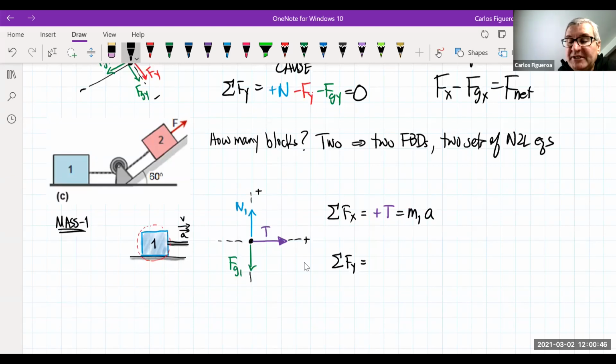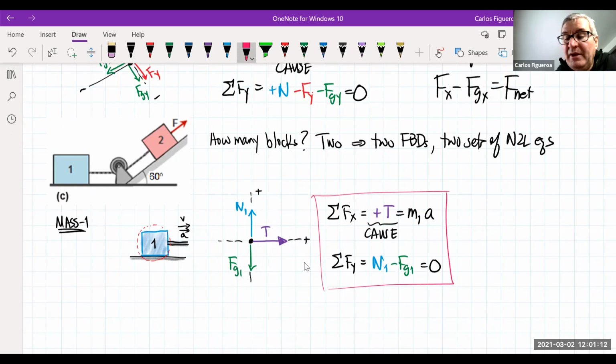M1 times the acceleration. Again, here's our cause. In other words, that's the net force. That's what's making this thing accelerate. When I look vertically, this is very similar to our previous cases. Because we assume it's on the surface and doesn't move vertically, we have this scenario. So we have our free body diagram and our N2L equations.